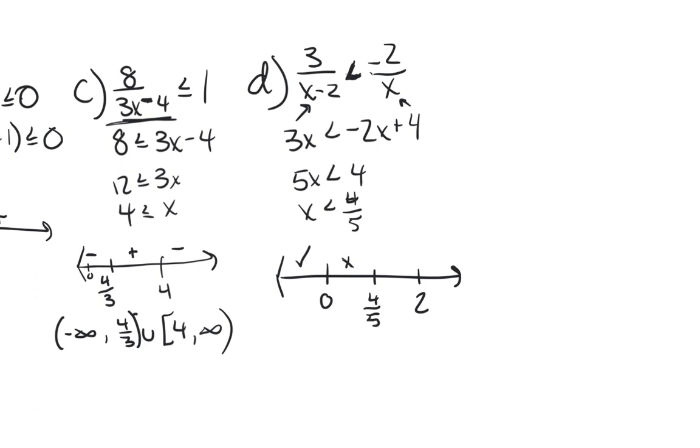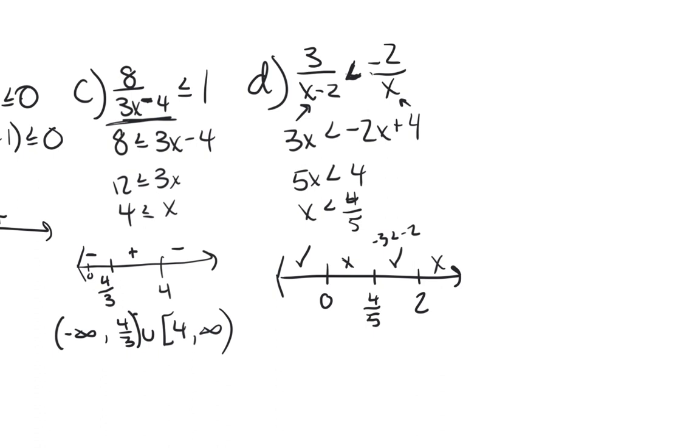If we plug in 1, we'll get negative 3 is less than negative 2. That is true. And then if we plug in 3, we'll get 3 is less than a negative, which is not true.